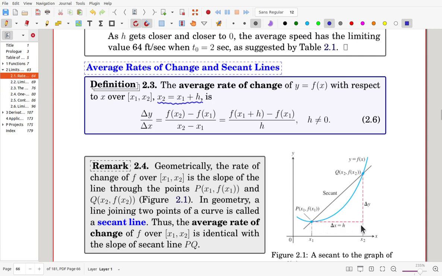So that is exactly delta y over delta x, which means the slope of this line is exactly the average rate of change. And this line passing through these two points is called a secant line. So the average rate of change of f over the interval is the same as the slope of the secant line.